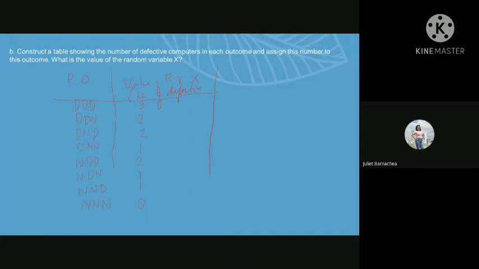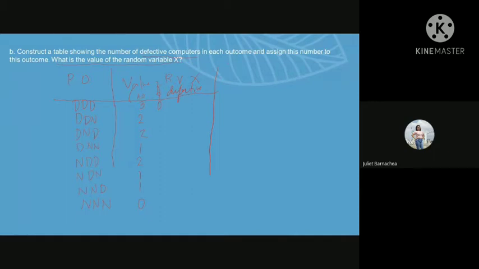So, construct a table showing the number of defective computers in each outcome and assign this number to this outcome. So what is the value of the random variable X?